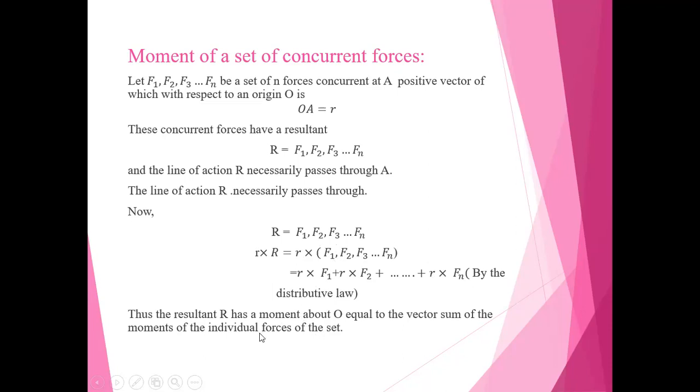Then the resultant R has its moment about the point O equal to the vector sum of the moments of the individual forces in the set. It is called the moment of a set of concurrent forces. Thank you all.